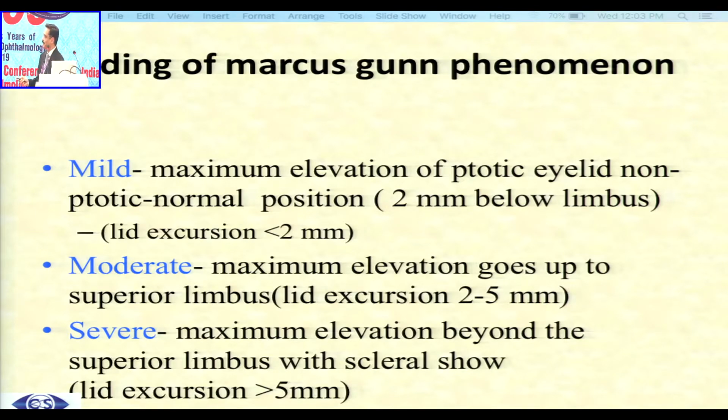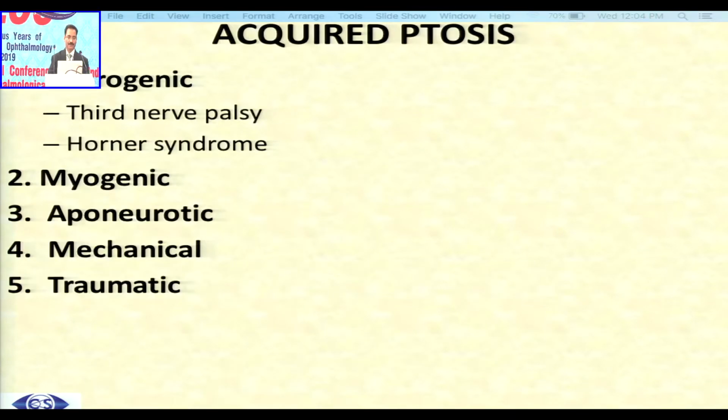Other way, when on movement of the jaw, the ptotic lid moves to the normal position, that is 1.5 or 2 mm below the limbus, this is mild. If on jaw movement the lid elevates to the superior limbus, then moderate. And if there is scleral show on jaw movement, then it is severe. So two ways of grading Marcus Gunn phenomenon.